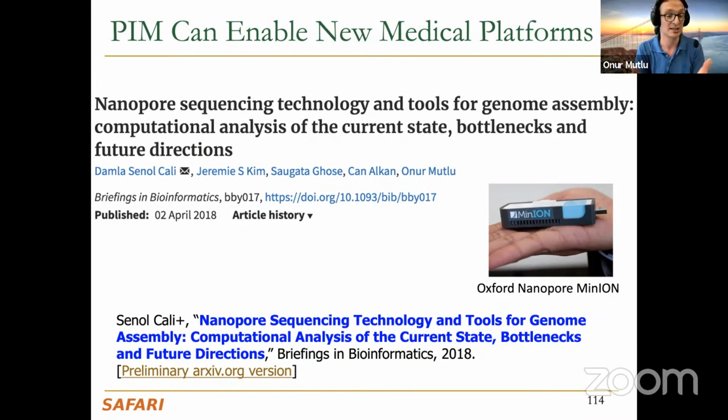You need to do fast genome sequence analysis, and some matching against a database with the characteristics you find from the genome analysis of this patient, so that you can make a judgment call on what kind of drug this patient reacts positively to, or does not react negatively to. This is potentially a life or death situation, right? So you need real-time, fast analysis. There may be less dramatic situations than what I described, but you still want analysis quickly so that you can move to the next phase of treatment relatively quickly.